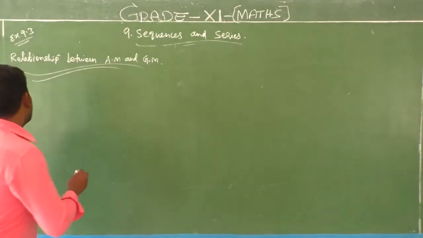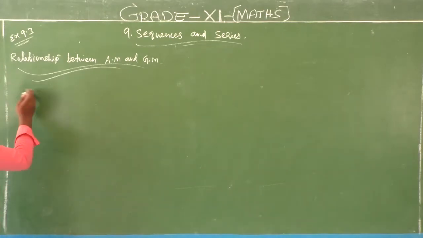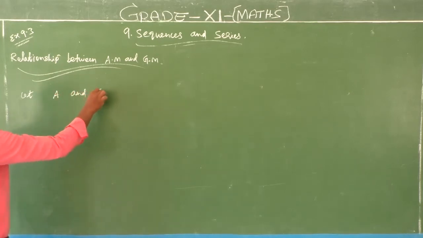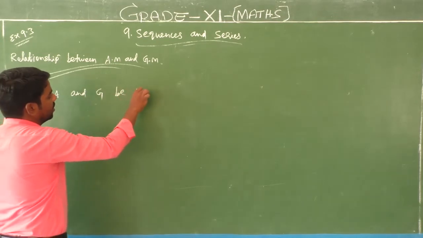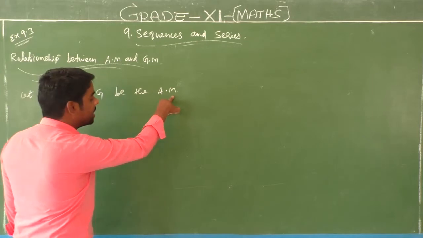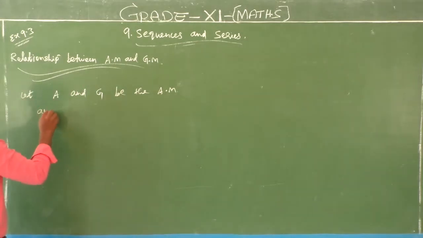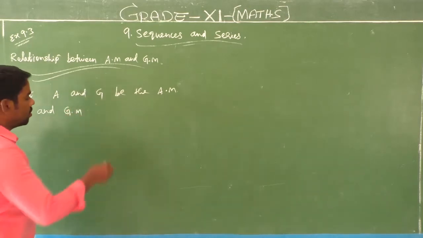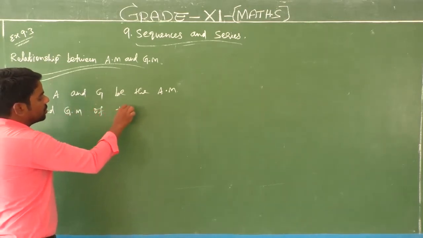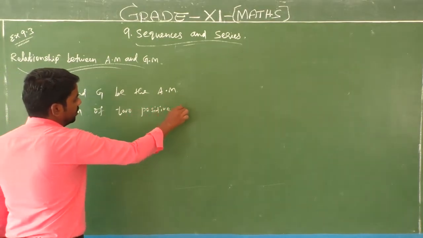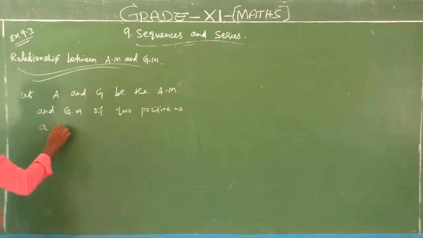Okay, let us consider A and G to be the arithmetic mean and the geometric mean of two positive numbers a and b.